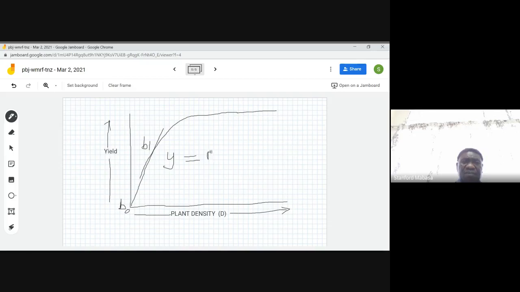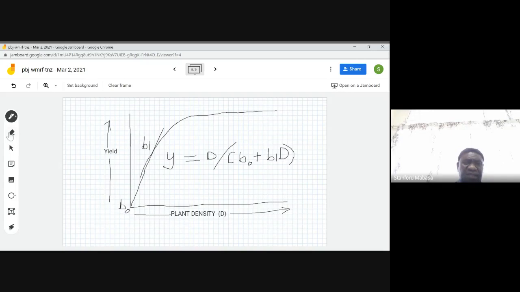We put D here for density, and we put a division sign there. Then we put brackets, B0 plus B1 multiplied by D, in brackets.